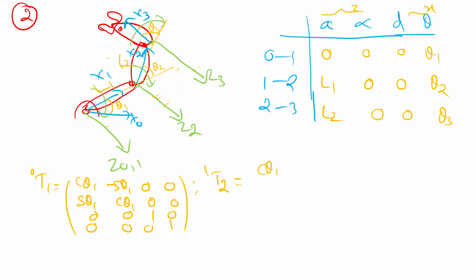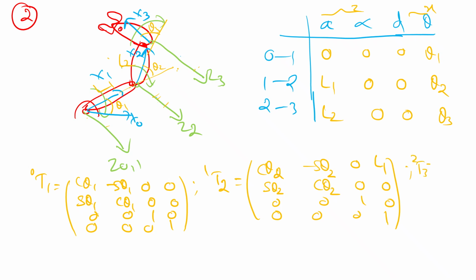So it is C theta 2, minus S theta 2, 0, L1, because for A you have L1. Then S theta 2, C theta 2, 0, 0, then 0, 0, 1, 0 and 0, 0, 0, 1.